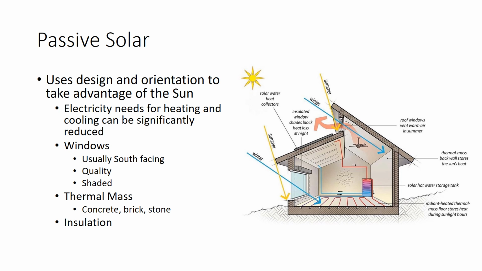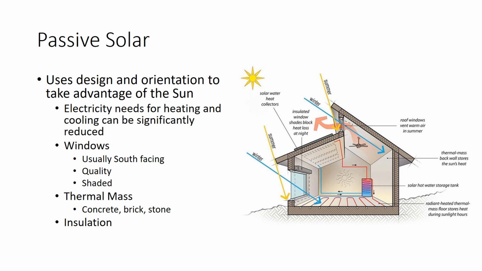So in the winter, it's not as a direct hit to the earth as in the summer where it's more direct. And so you can see in the picture, in the winter, it's making use of those solar rays coming through the window, whereas in the summer, you're making use of awnings to actually block the sun coming into the window.